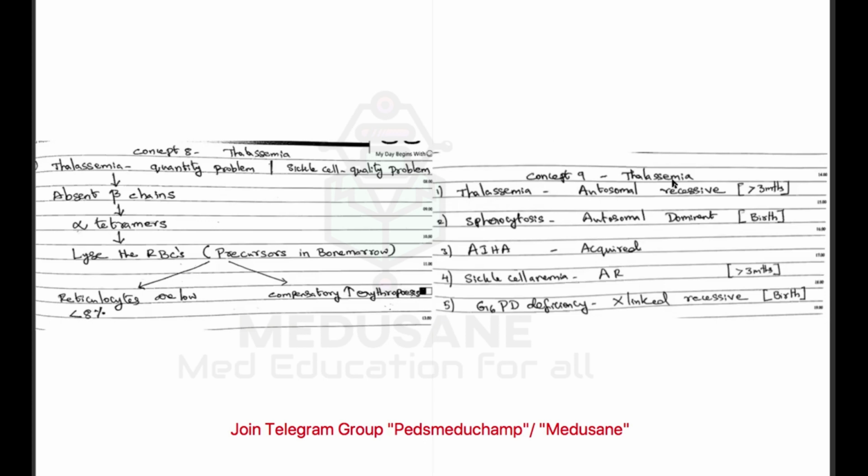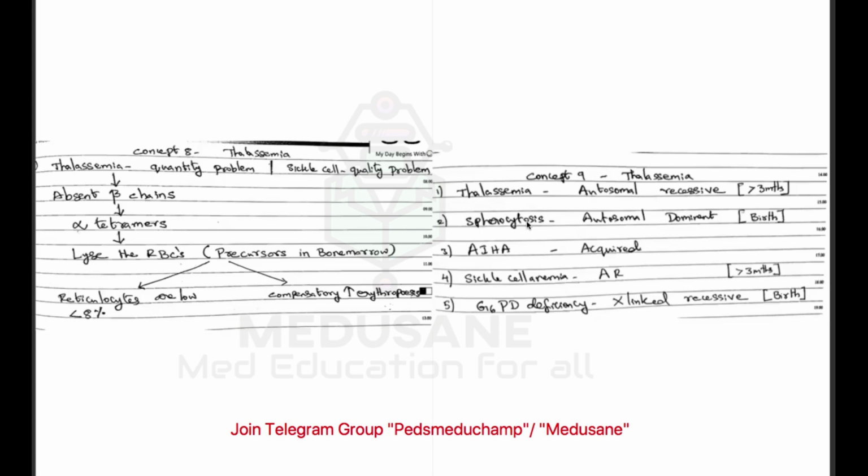Okay. So concept 9, they might ask you about the modes of inheritance. So they will ask you, like, thalassemia is an autosomal recessive inheritance. Spherocytosis is autosomal dominant. Which means that dominant means parents mostly will be suffering from some form of spherocytosis. So there might be a history of jaundice in the mother or the father.